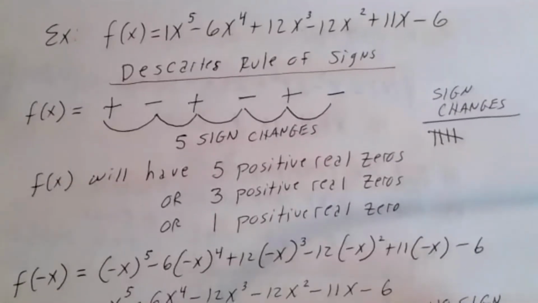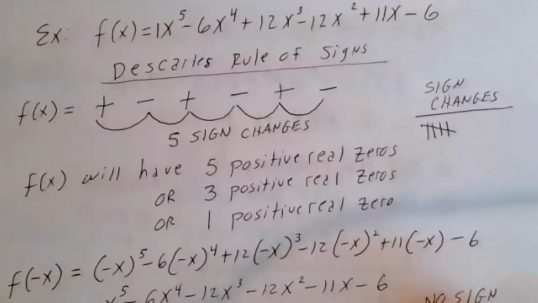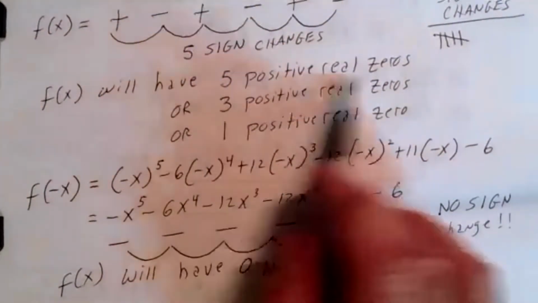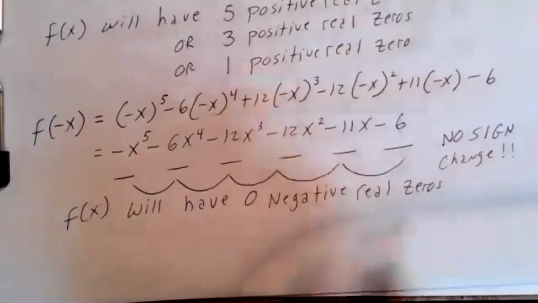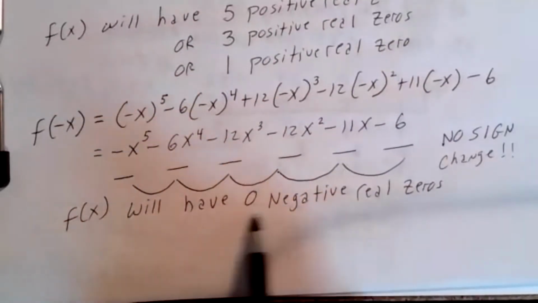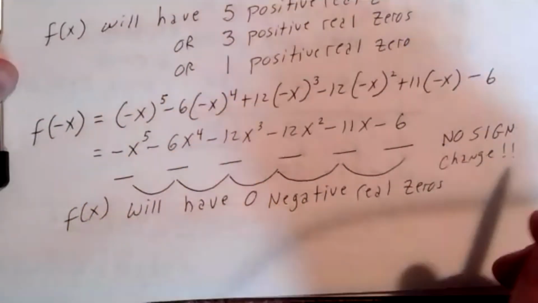That's how Descartes' rule of signs works here. So Descartes' rule of signs says that this 5th degree polynomial function will have either 5 positive real zeros, or 3 of them, or 1 positive real zero, but it's not going to have any negative real zeros, because there were no sign changes here.